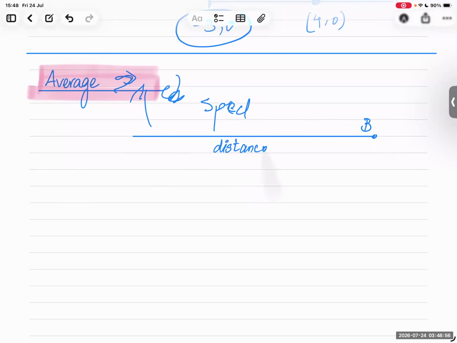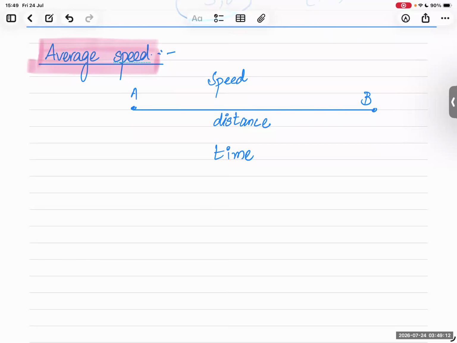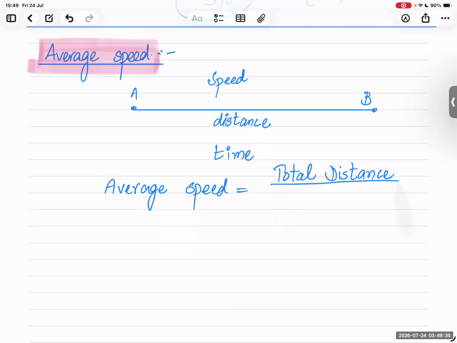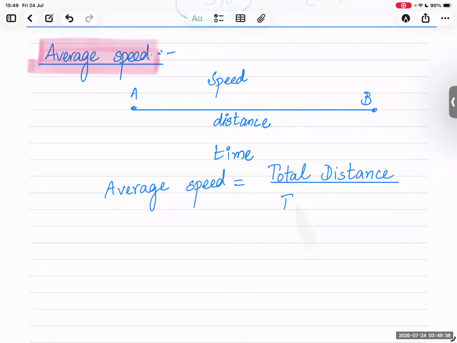You cover some distance, and you spend some time to move from A to B. So now your average speed would be total distance divided by total time.